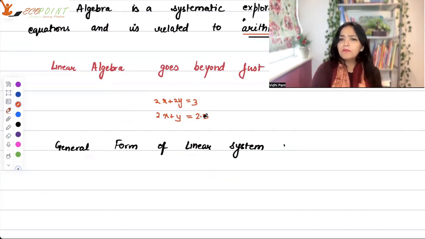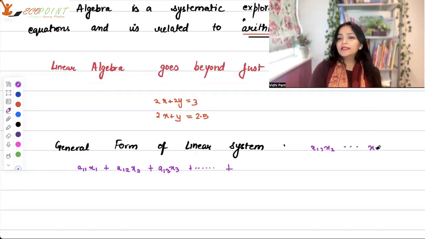Similarly, there could be many equations in many variables. So how do you depict it? A general form would be a11 x1 plus a12 x2 plus a13 x3, so on and so forth. Say you have variables x1, x2 till xn.